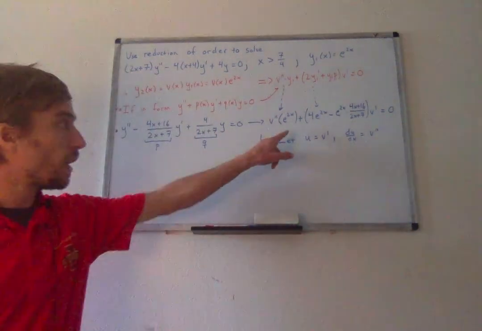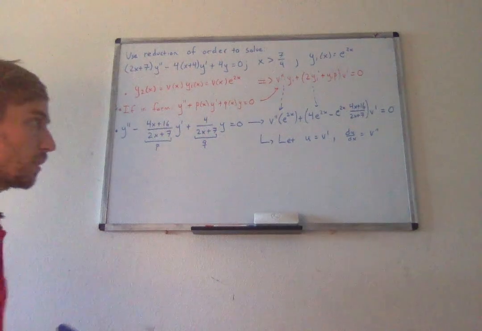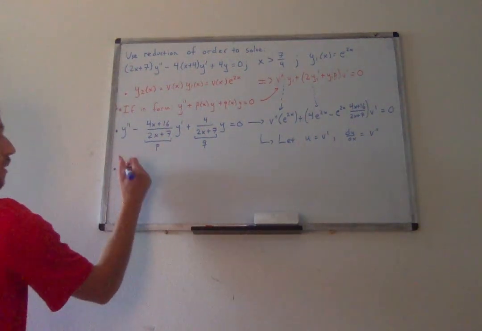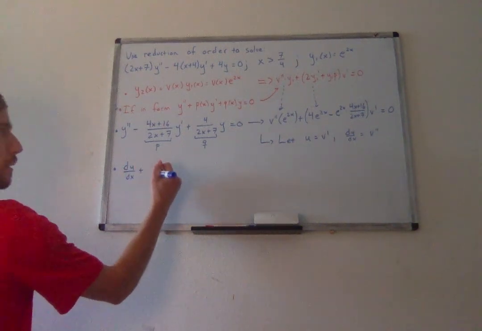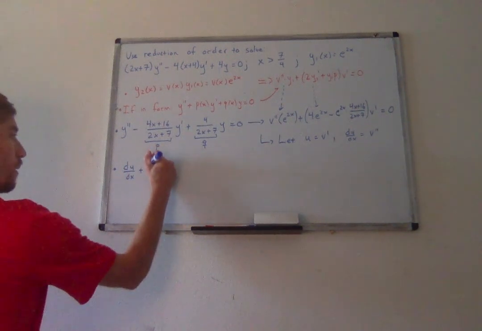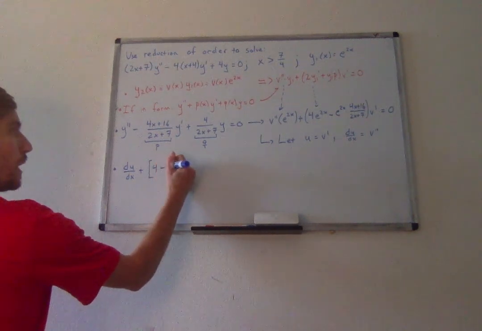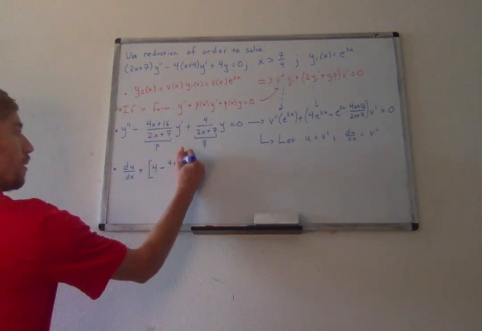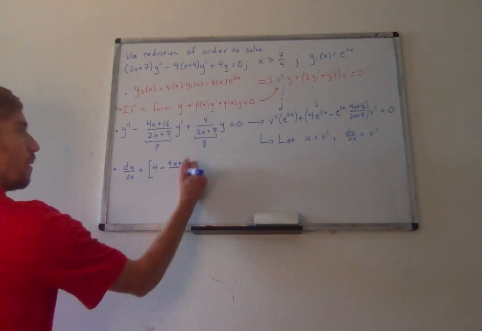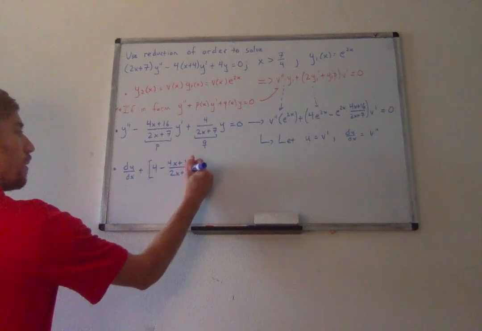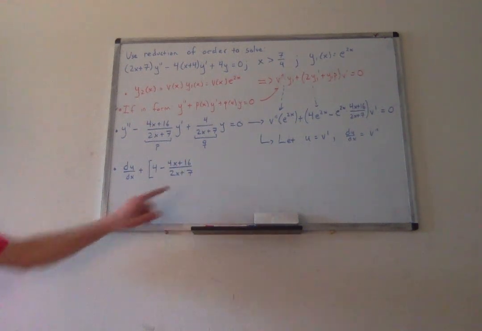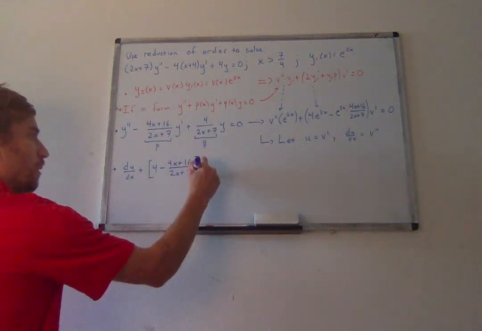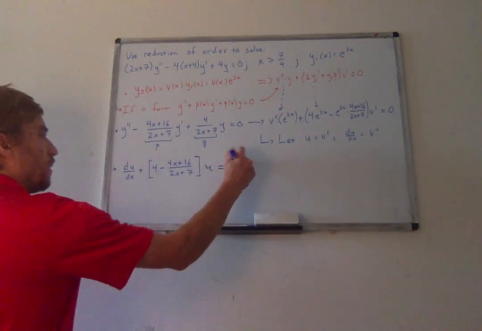I'm also going to divide through by e to the 2x to get the following equation. du dx plus 4 minus 4x plus 16 over 2x plus 7 times u is equal to 0.